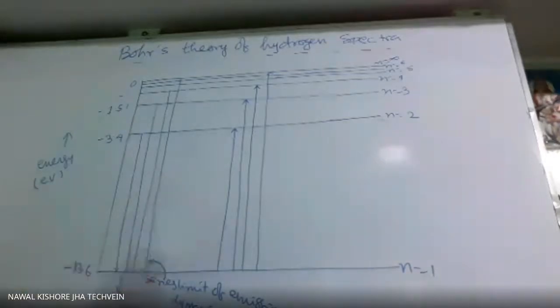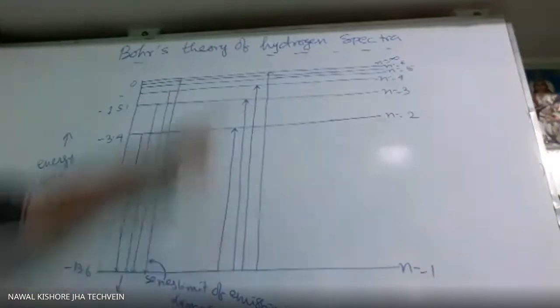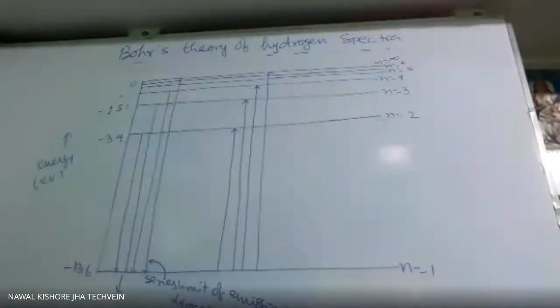So when electron absorbs 12.1 electron volt energy, it will directly jump from first to third. It will not go to the second then. So whatever energy difference of these two levels will be, if the absorbed amount of energy is the same, it will jump to that orbit only. So that is Lyman series.